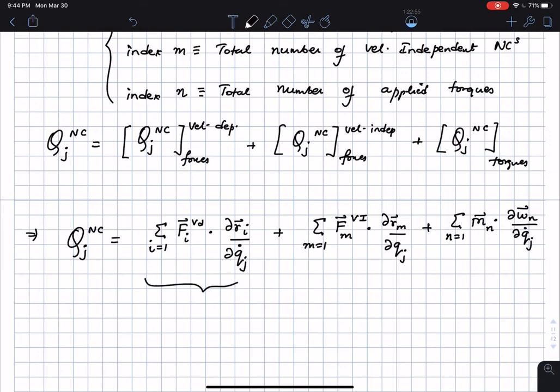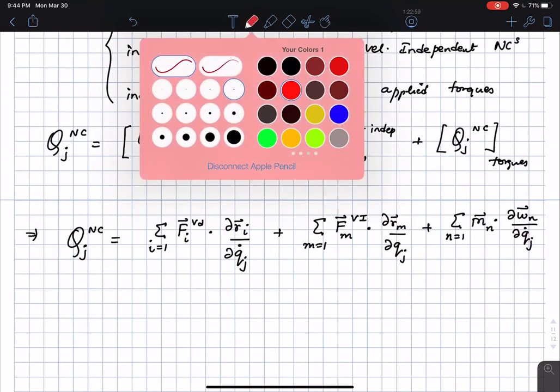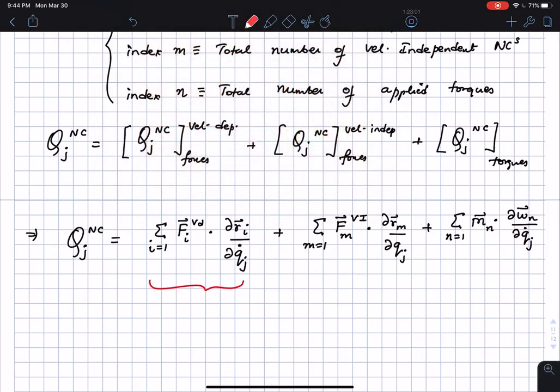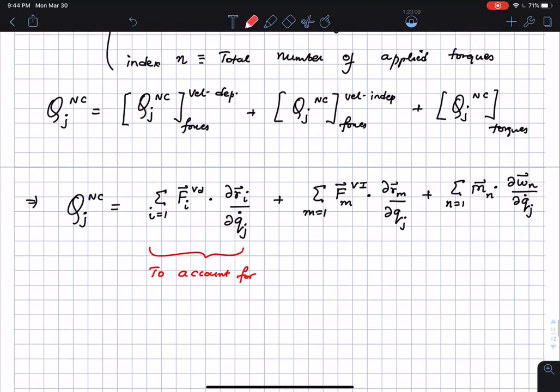So three things are going on here. This is to account for velocity dependent forces, and notice the qj dot term.